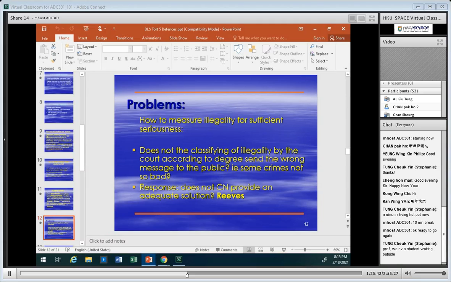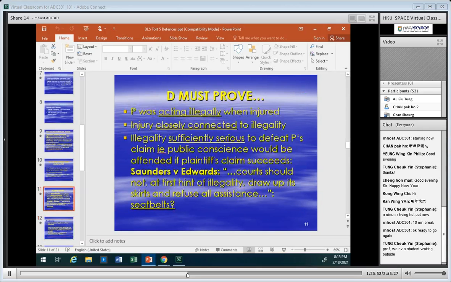Well, if you're in an accident on the way to the scene of the crime, well, Volenti would not apply, ex turpi causa would not be relevant there because there wouldn't be sufficiently close connection to the illegality. The illegality will be robbing the bank.